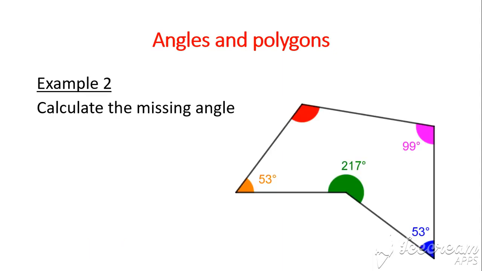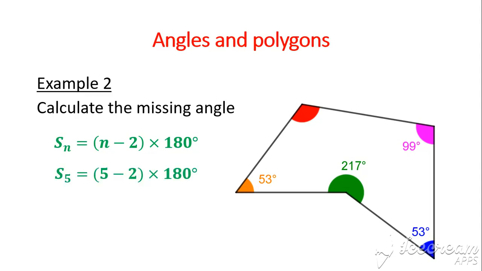All right, number 2, let's calculate the missing angle in this polygon. Well, it's got 1, 2, 3, 4, 5 sides, so it's an irregular pentagon. So let's use the rule to work out what those 5 angles should add up to. S of n is equal to n minus 2 times 180 degrees. So it's 5-sided, so S of 5 is equal to brackets 5 minus 2 times 180 degrees.